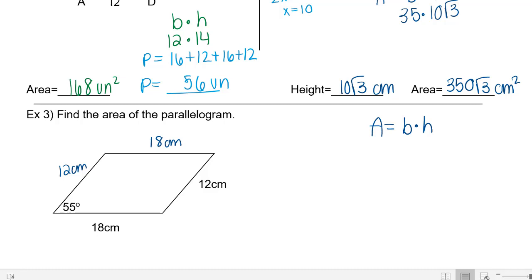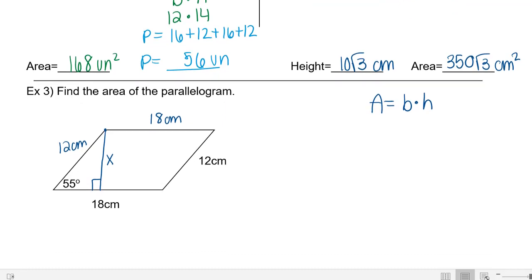Technically, we can again use any of these sides as a base, but I think we want to use the angle that's given to our advantage, right, of this 55-degree angle measure. So if we look at this upper angle and create our height going down, that's going to be probably the most beneficial right triangle for us to use, just because we have that 55-degree measure in there anyways.